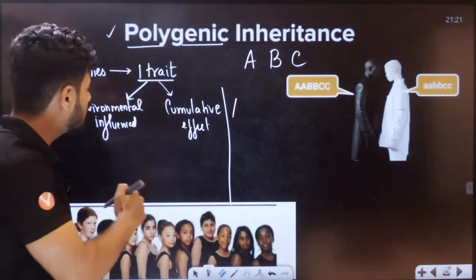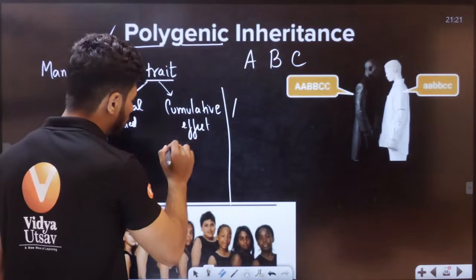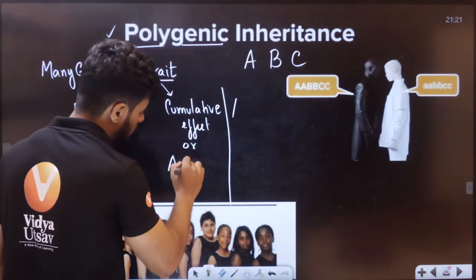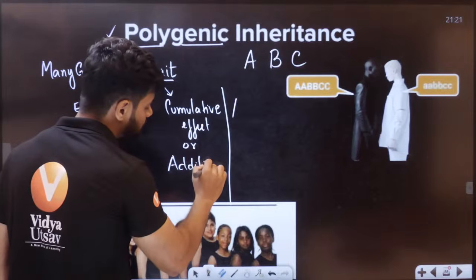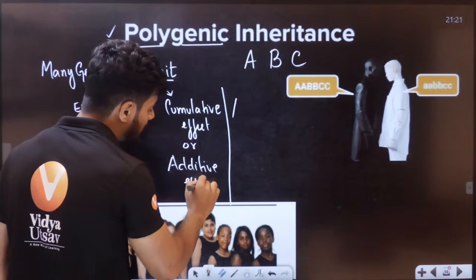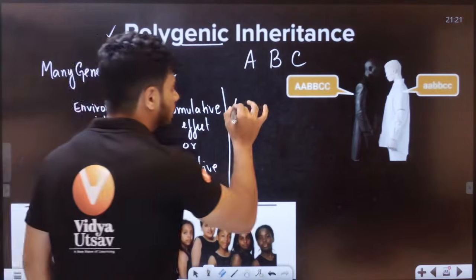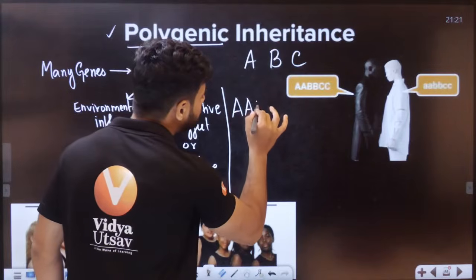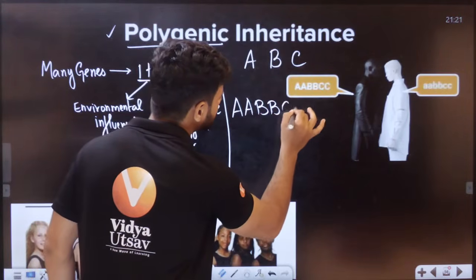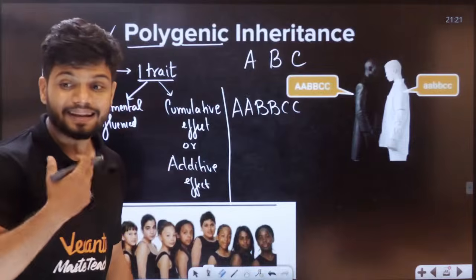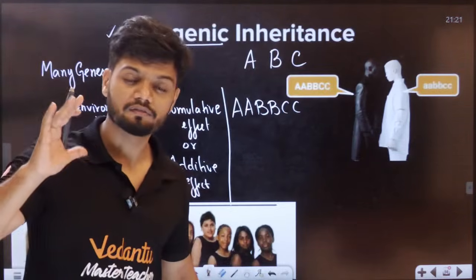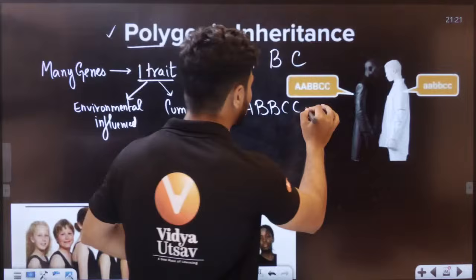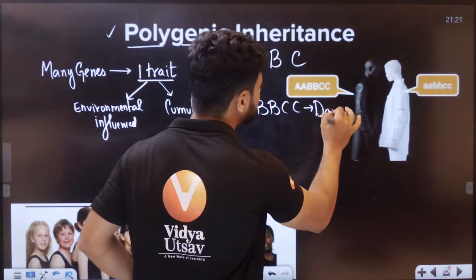Now, students, what do I mean by cumulative or additive effect? The meaning of cumulative as well as additive effect is that whenever we have all dominant alleles, the trait is expressed very highly. So this person will have very dark skin color.